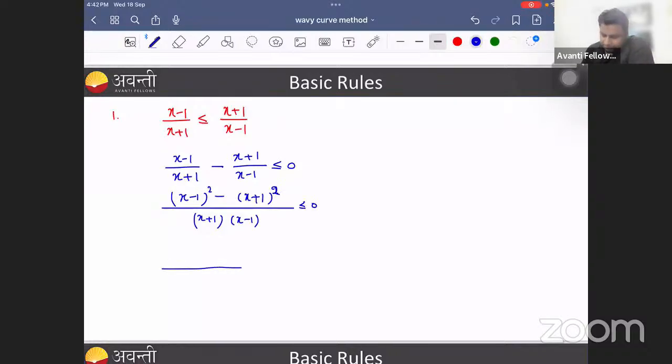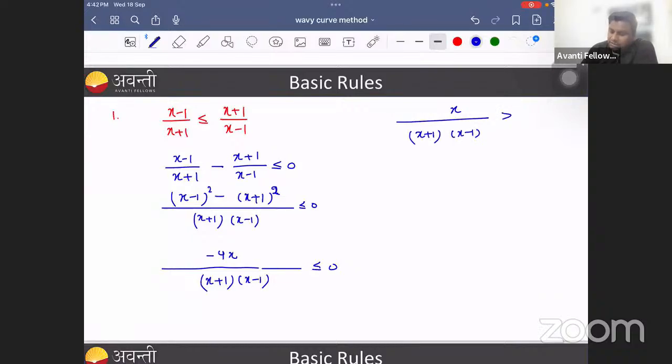Got it? So it is (x plus 1)(x minus 1). Now numerator will be minus 4x less than or equal to 0. Now minus 4x you have to multiply with a negative sign to make it positive. So it will become x upon (x plus 1)(x minus 1) more than or equal to 0.